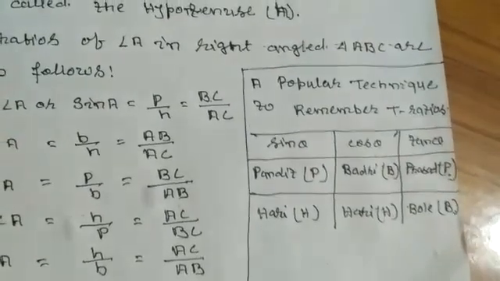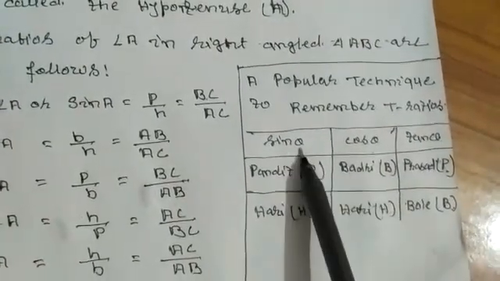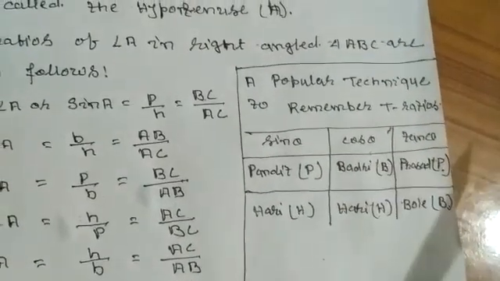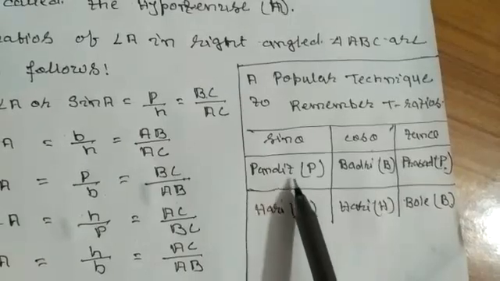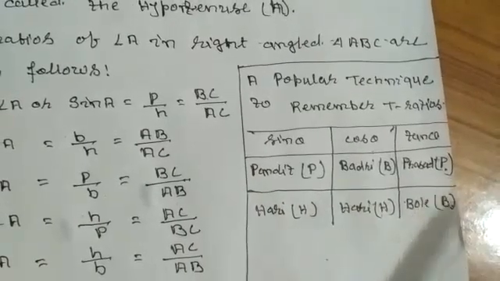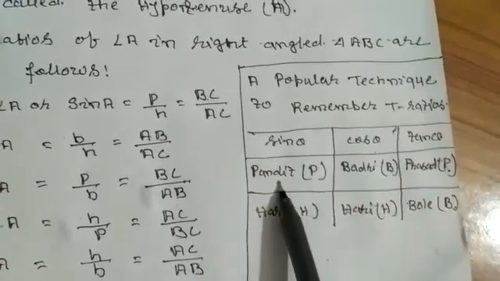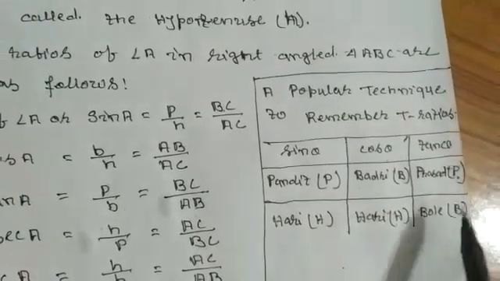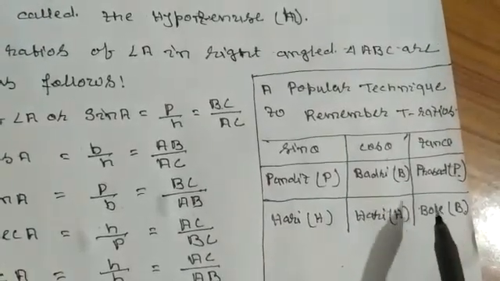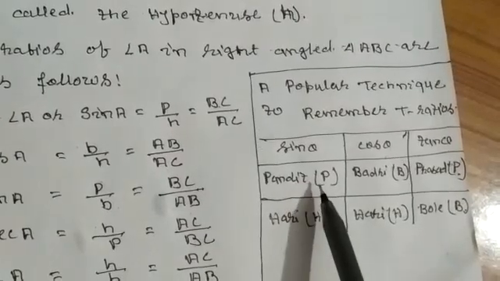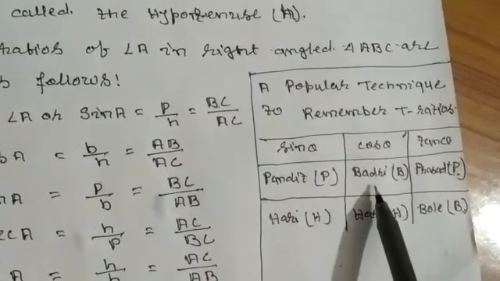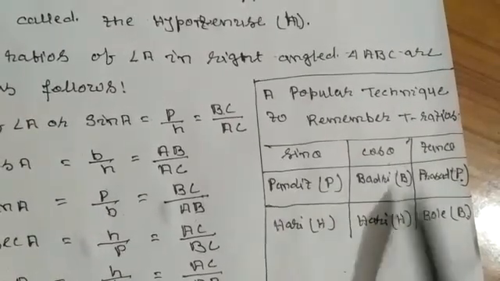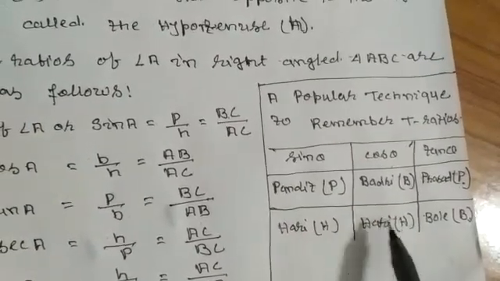First you write sin theta, cos theta and tan theta in 3 blocks. And in every block you write one word of the sentence: Pandit Badri Prasad Hari Hari Bol. So you write in each block one word only.